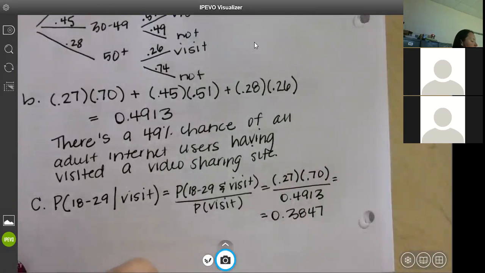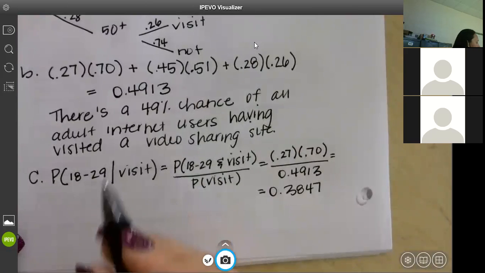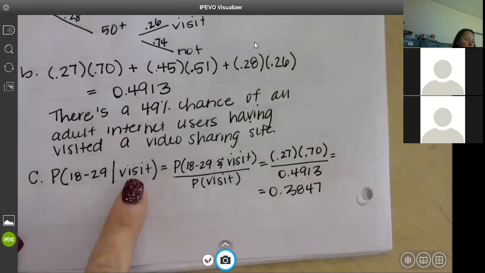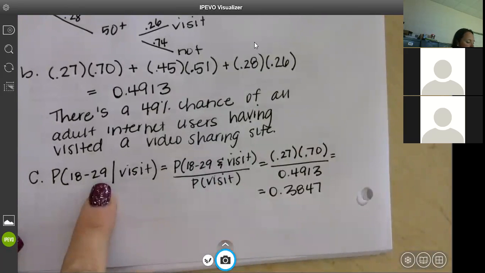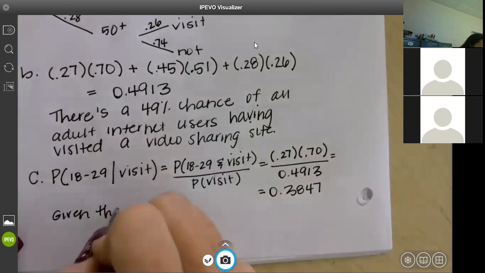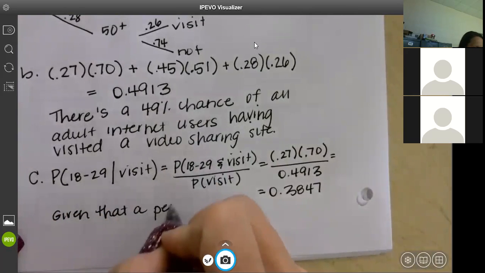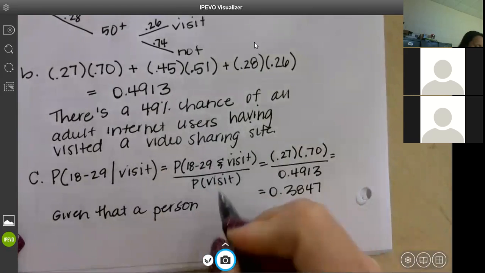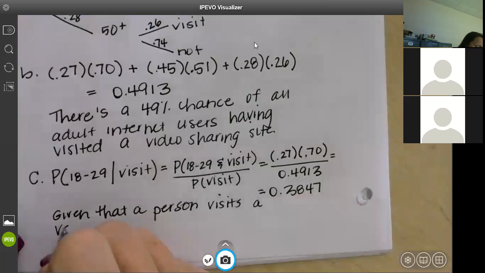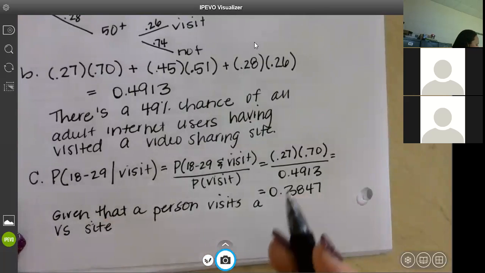Okay. So then interpret this. What do we say first? What's this line mean? Given that a person visits a video sharing site. I just put VS site.